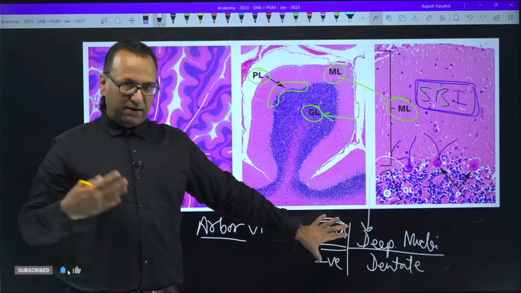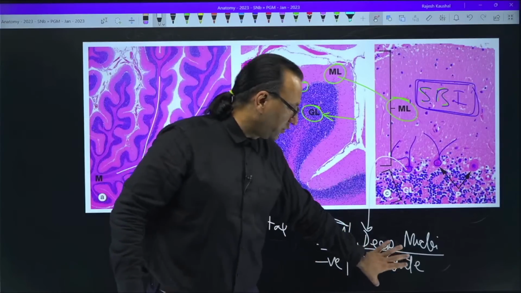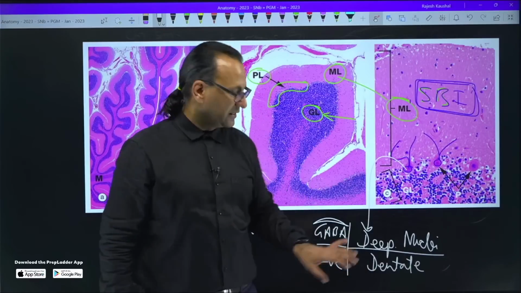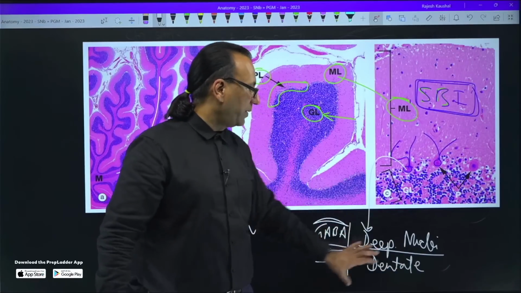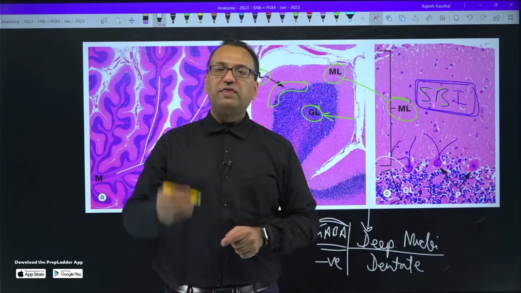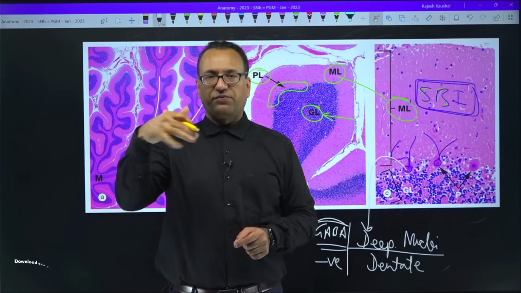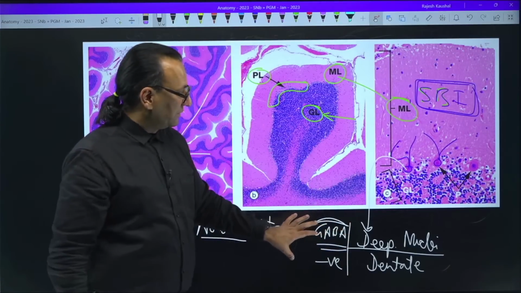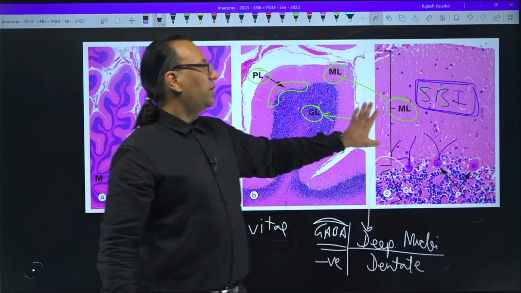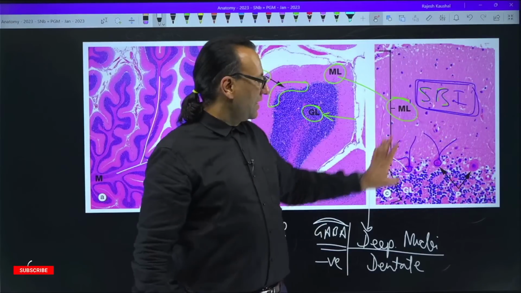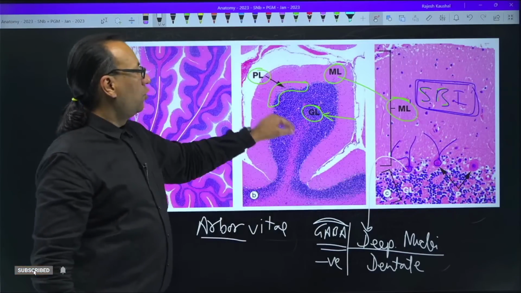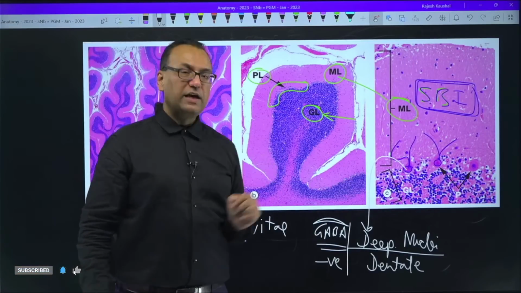And from there we have learned the pathway also, dentato-thalamic tract. This all pathway is concerned with the coordination of voluntary motor activity. That is a function of cerebellum. Now in the molecular layer you have stellate basket cell. In the middle layer you have Purkinje layer. What about the innermost layer, which is granule layer?